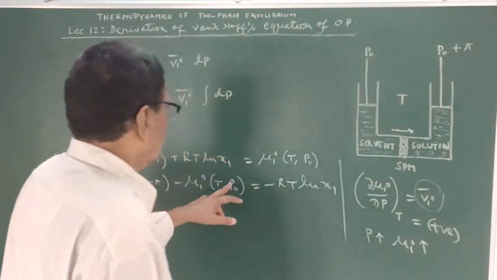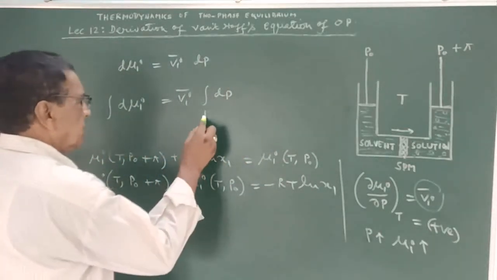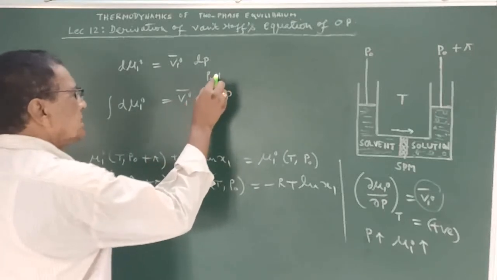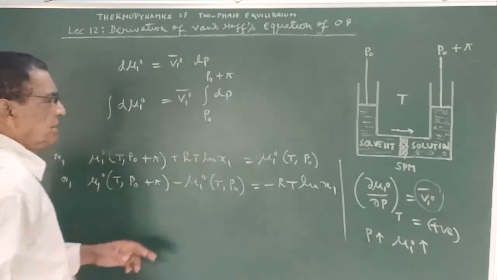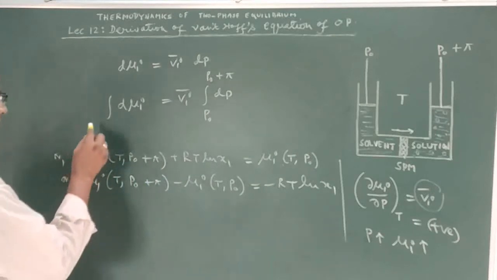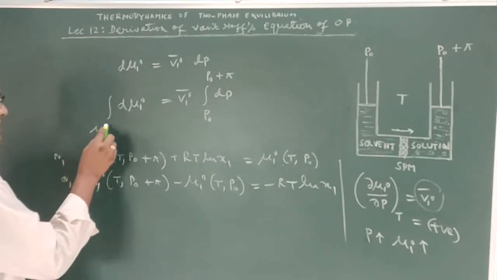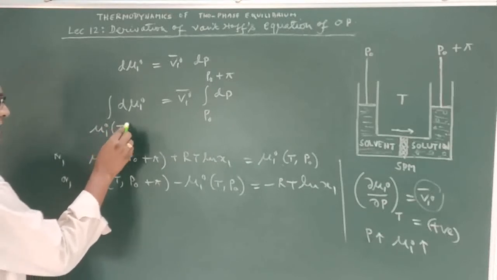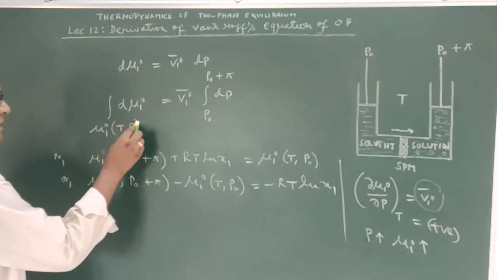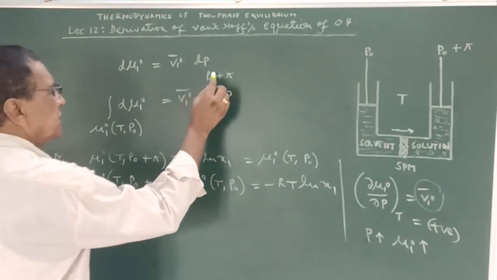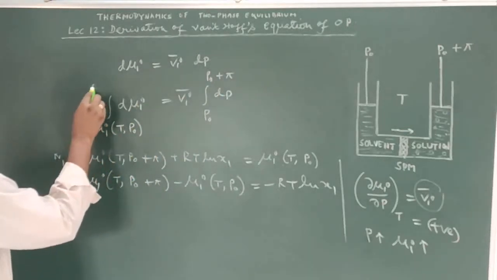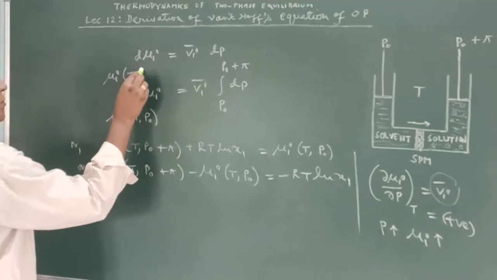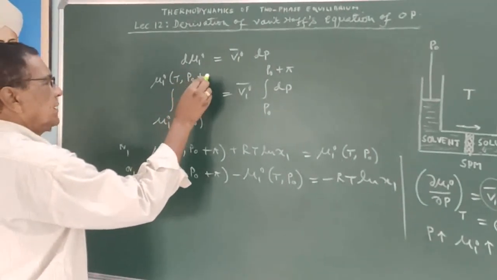The pressure is changing from P naught to P naught plus pi. When the pressure is P naught, the chemical potential is mu1 naught at temperature T and pressure P naught, and when the pressure is P naught plus pi, the chemical potential is at T and P naught plus pi.